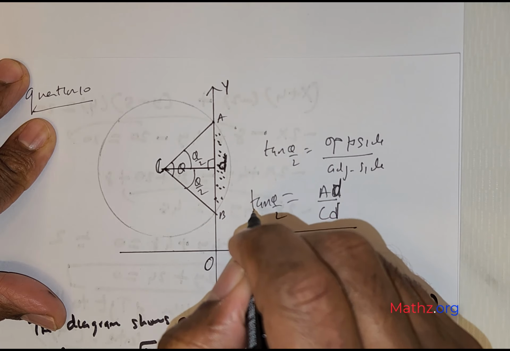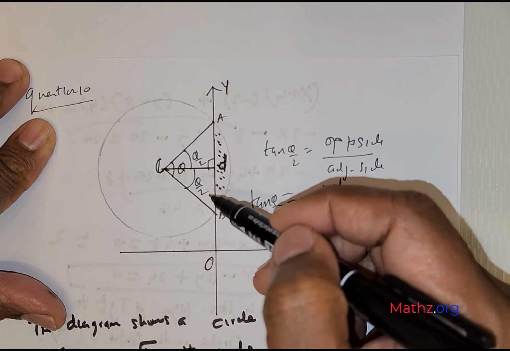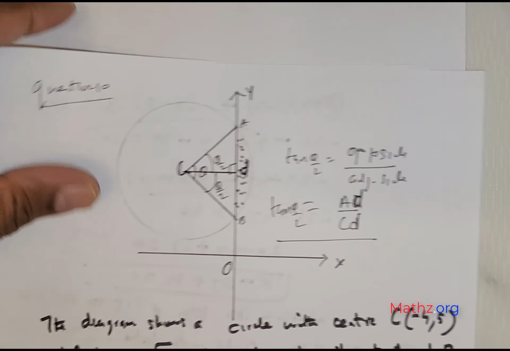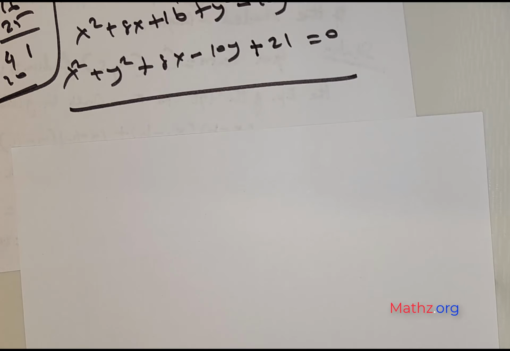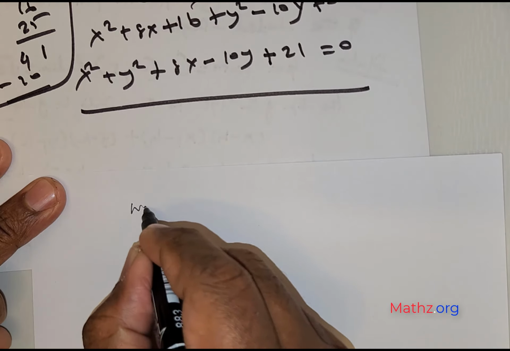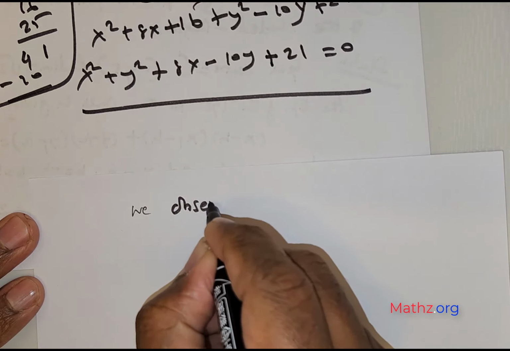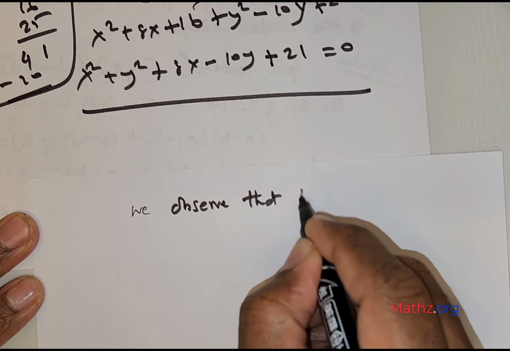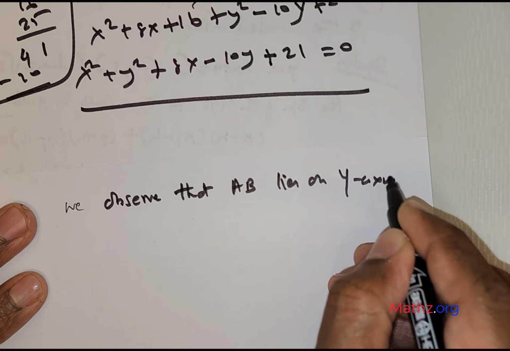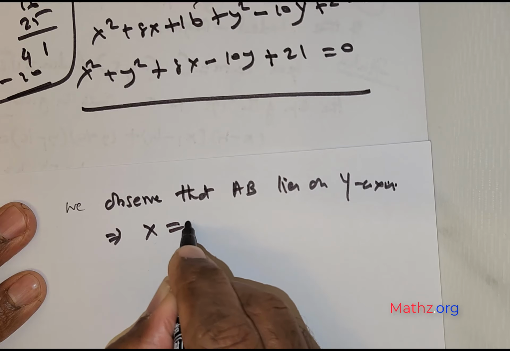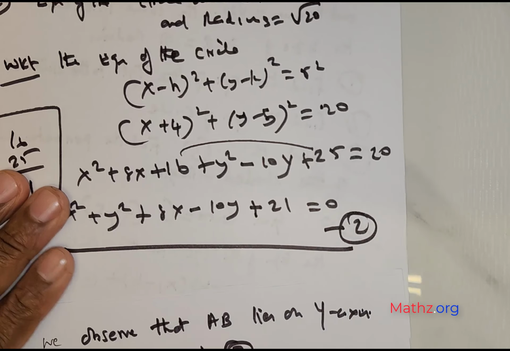Now clearly if you were to see here, only AB is lying on the y-axis, so that means x is equal to 0. Let me use this space and write it down here. We observe that AB lies on the y-axis, so this means x will be equal to 0 in, say, equation 2.